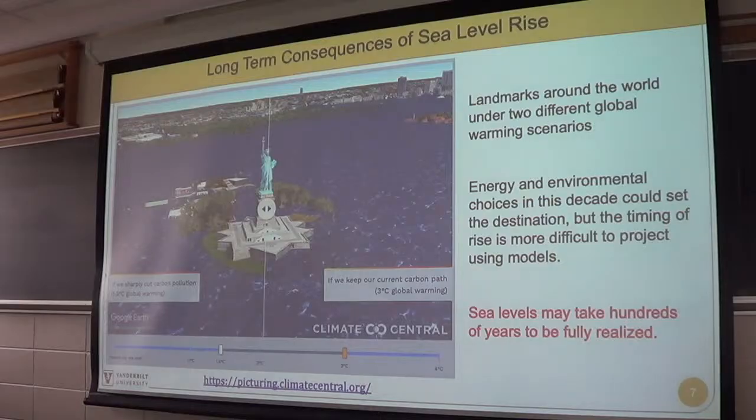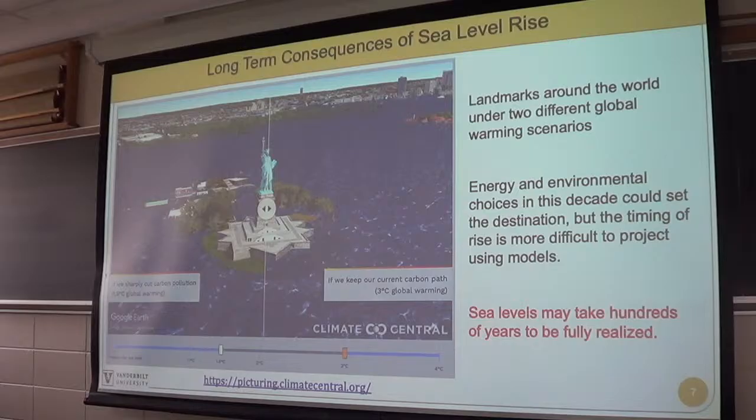And this is a website where they talk about long-term consequences. New York is in a bad situation. Even with the current 1.5 degrees of global warming, you're seeing a lot of inundation near the Statue of Liberty. If you go to 3 degrees, then it's going to be some more.